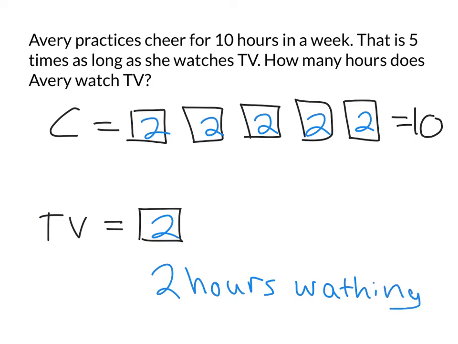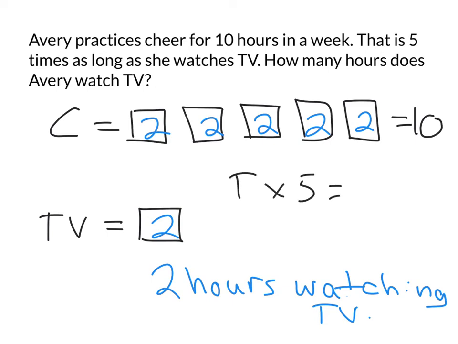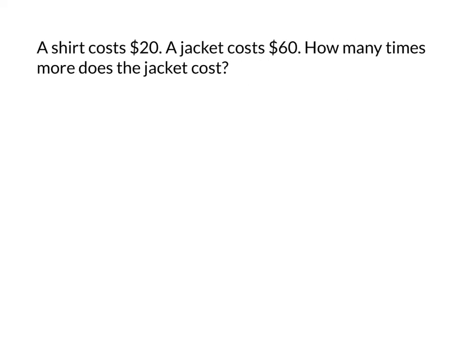Whoa, Mr. Easton, you forgot a letter there. There we go. And then the equation we could write to represent this situation would be something like TV times 5 is equal to 10. Okay, we'll look at the third situation next.